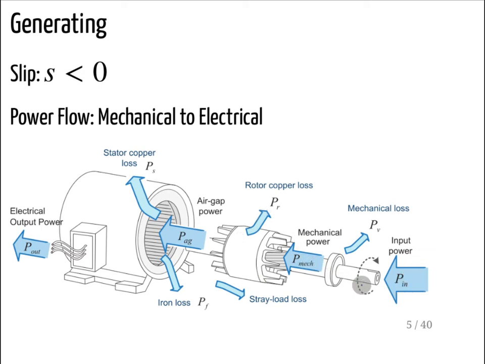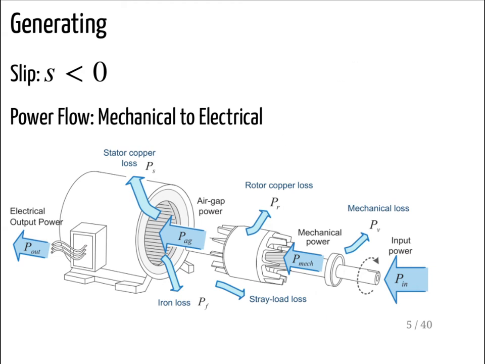You supply some mechanical power, then you still lose some of it in friction and in the copper losses, etc. Then you have the air gap power, then the iron and copper losses in the stator, and then you will have the output power. You need to remember those are always lossy components, so there's no way to make your efficiency more than 100%.